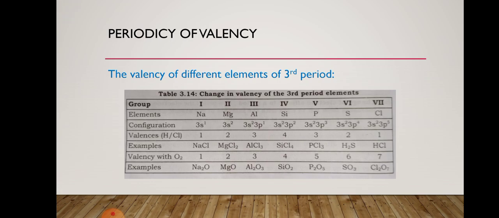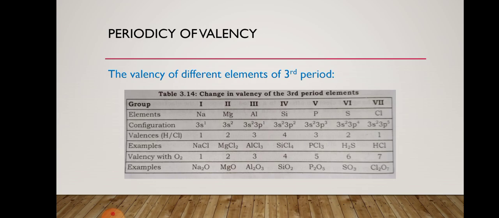Now I am going to discuss the valency of different elements of the third period. The outermost total electrons of atoms of group 1 to group 4 elements represent the valency of each element.